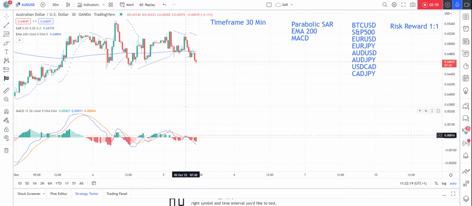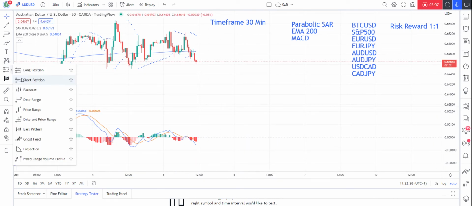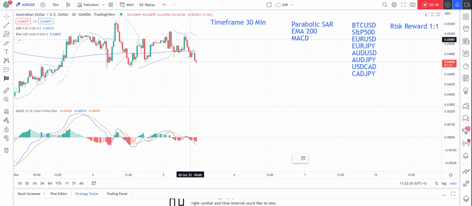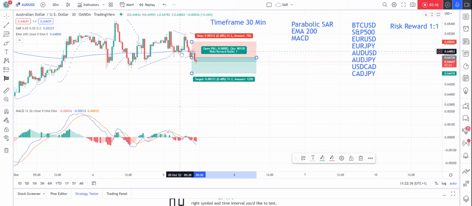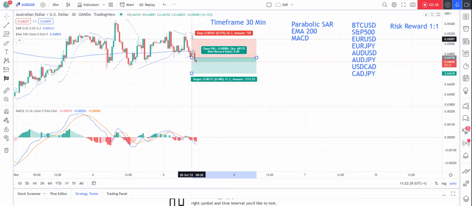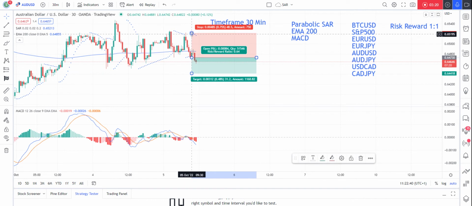So once the MACD crosses above the line, it crosses downwards, we're looking for short positions. So somewhere it crosses. After the crossing, position is to be under the 200 EMA, and the parabolic SAR needs to be above.